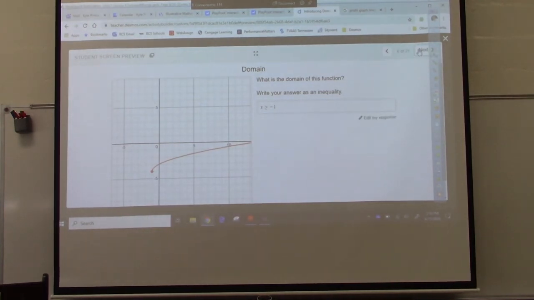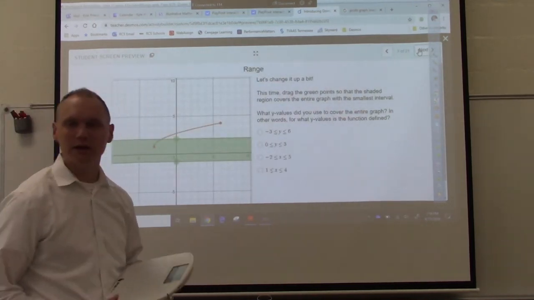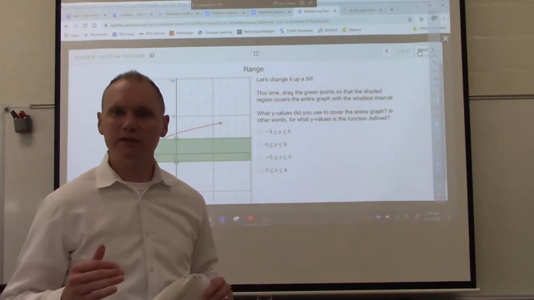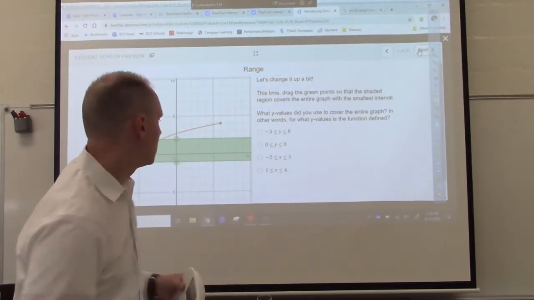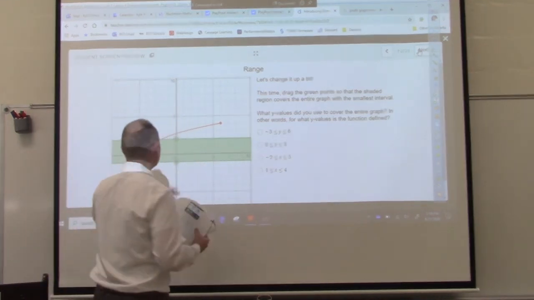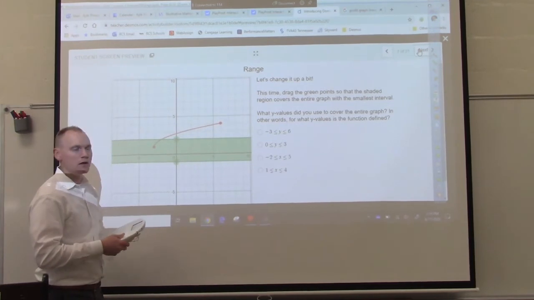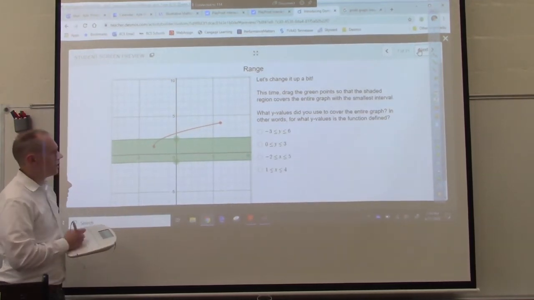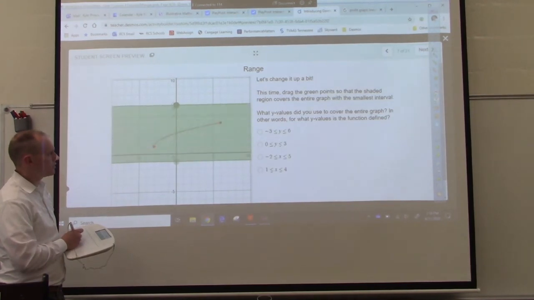All right. So, number 7. We're going to switch to range now. Again, range, similar concept, only now we're looking at the y values and not the x. So we need to cover this, but notice our 2 points here on the y-axis now. So when we think about shading the graph to determine our range, we're going to go vertically now.